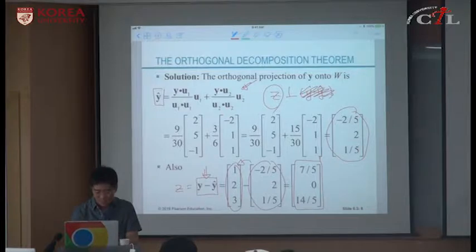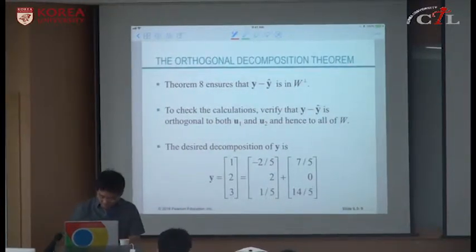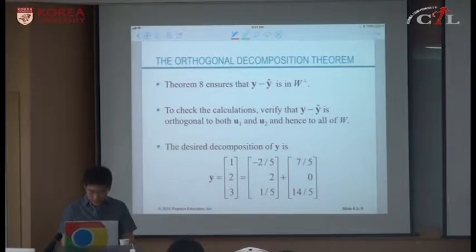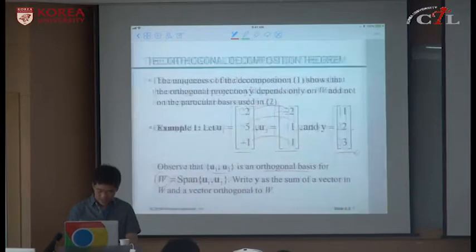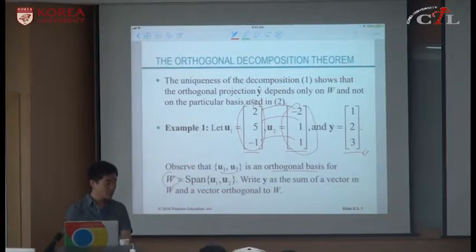So z should be perpendicular to what? u1 and u2, right? So you can verify this by just computing the inner product between this z and u1, which is this guy, and also the inner product with u2.